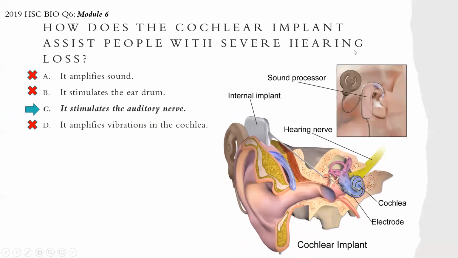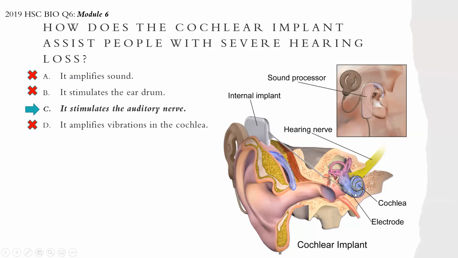So what that means is on the outside, we are able to essentially have a way of sensing the sound, and using sound processors, that sound we hear is then going to be transferred up into an internal implant, which will then send an electrical signal through here, bypassing your eardrum.